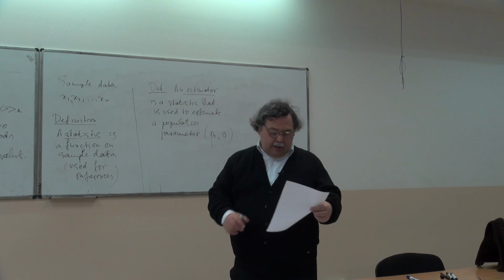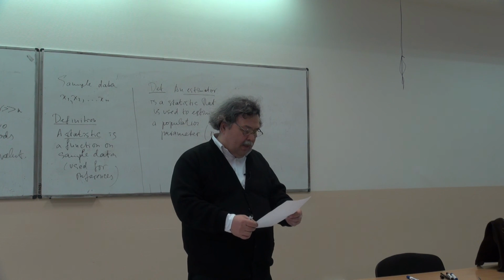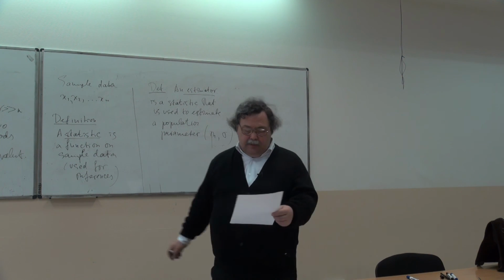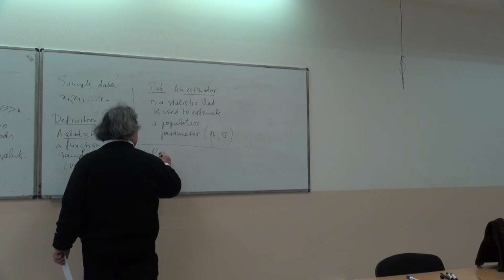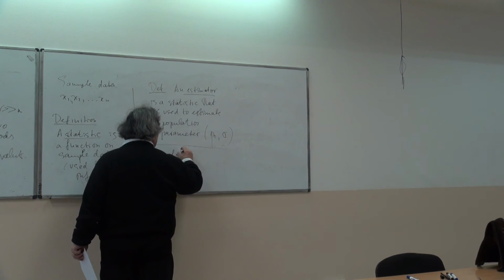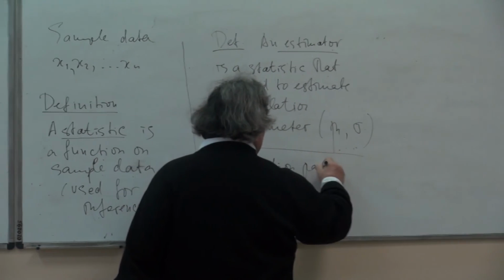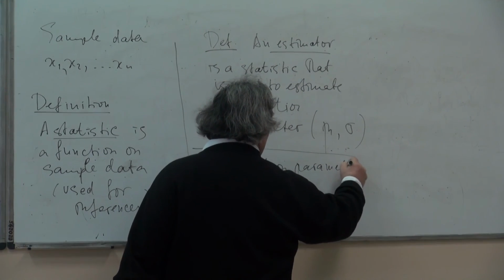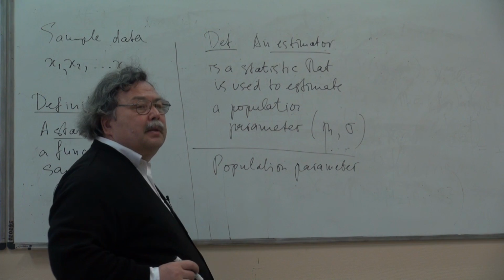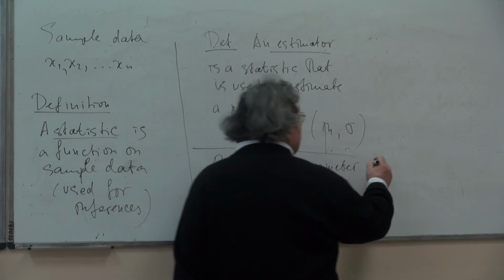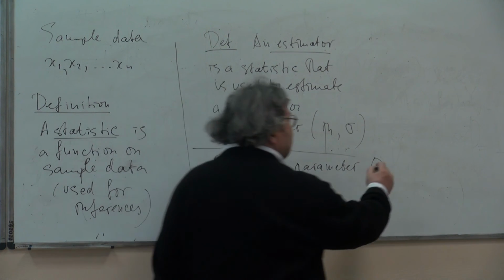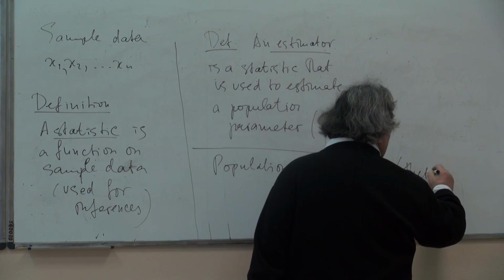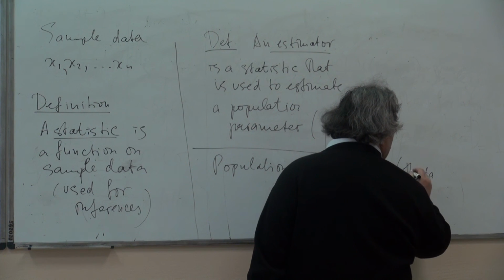All right, and finally, this notation, population parameter. Well, in textbook and in theory, there is an accepted notation for it, theta, the Greek letter theta, like this.